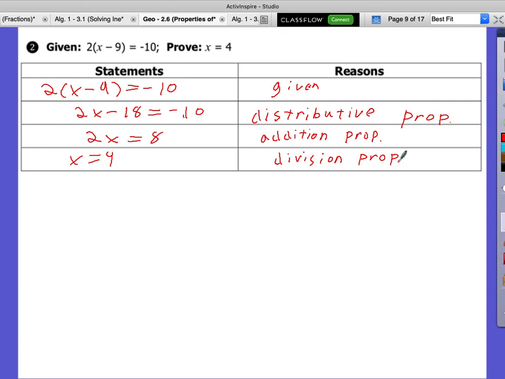Aquis? Okay. Dos aquis menos 18. Wait, no, it's ocho. Dos aquis menos 18 es igual negativo 10. Okay.